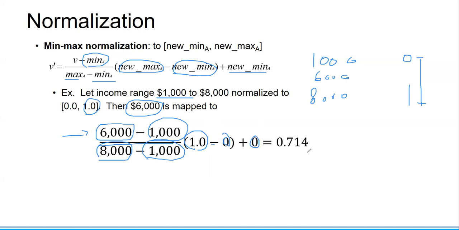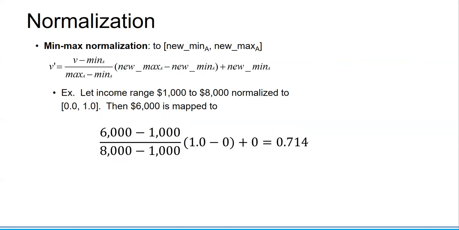We will get the value 0.714. Then the $6,000 will be transformed into 0.714.